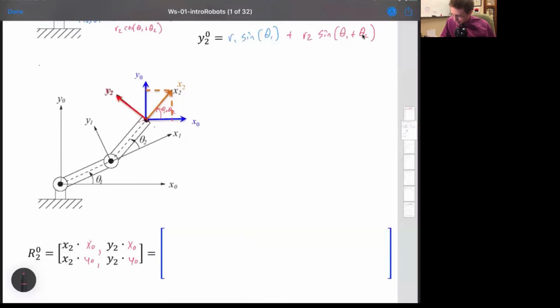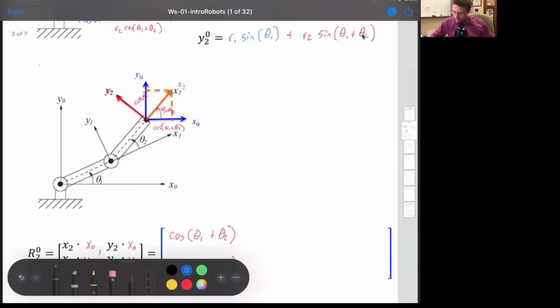And it's obvious that that's going to be the cosine. That's the distance in x we've moved of theta 1, theta 2. So I can write that in right here. Cosine theta 1 plus theta 2. And then my height over here, that's going to be the sine of theta 1 plus theta 2.